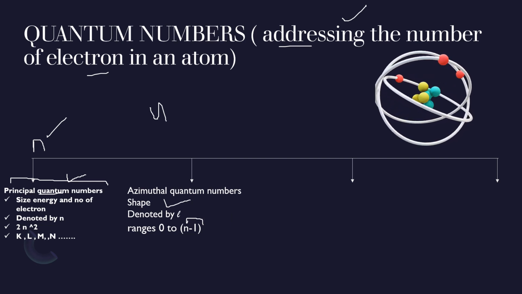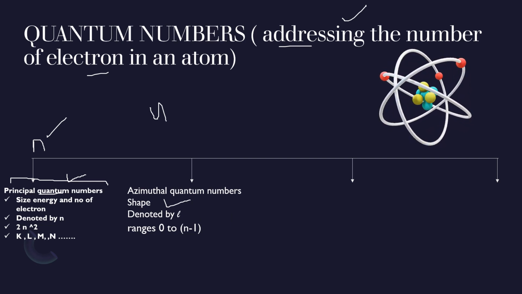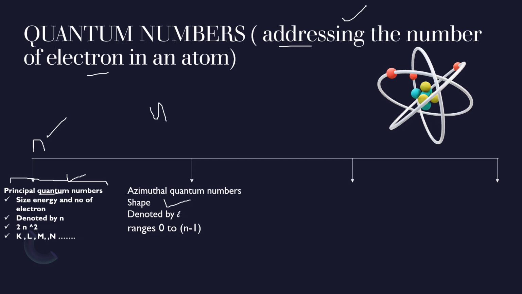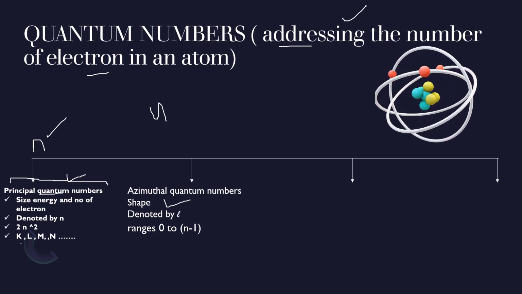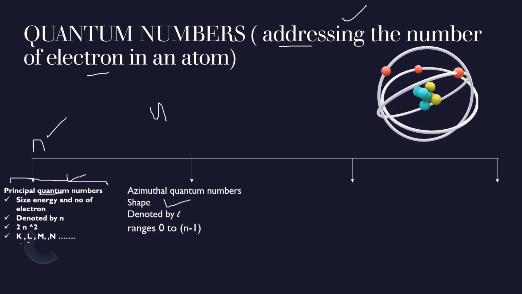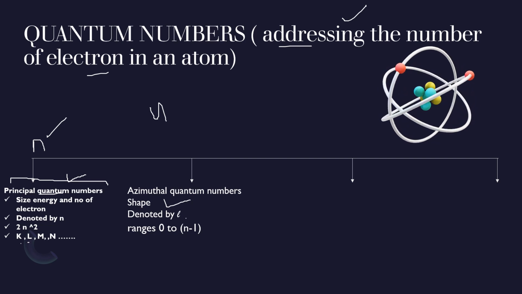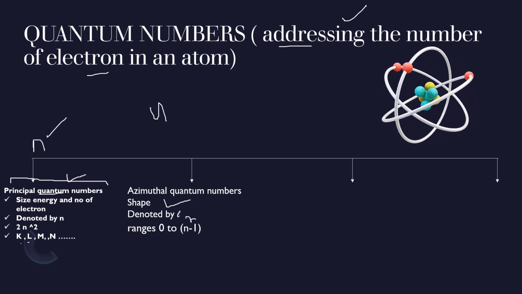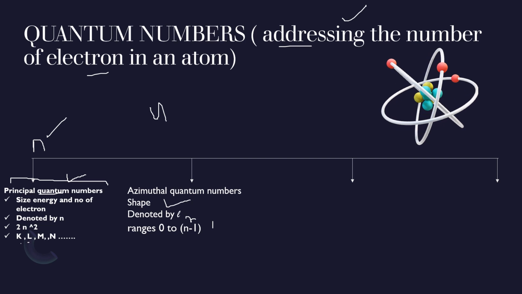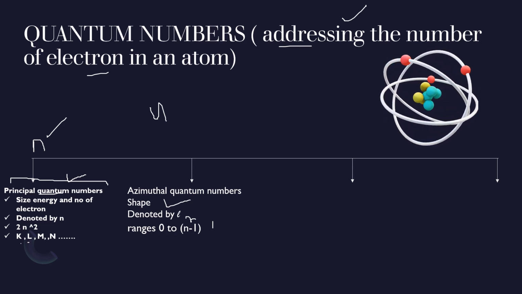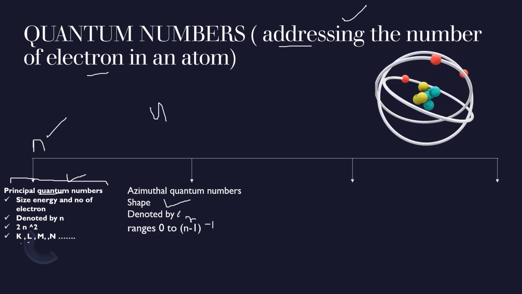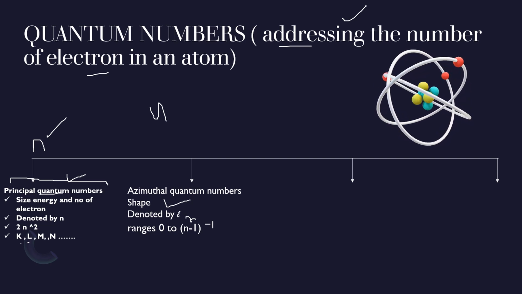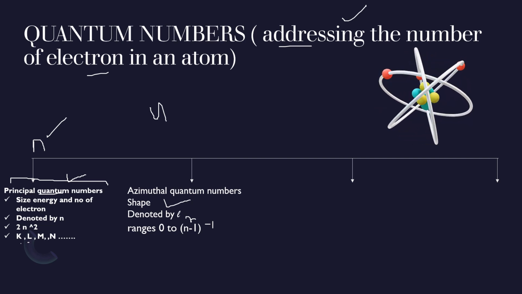To find the subshells, we put in the number of the shell, K, L, M. Let's find it for L. Here we put L, which is 2. Now 2 minus 1 is 1. We know that there is a positive 1 and a negative 1. That's about the magnetic field.